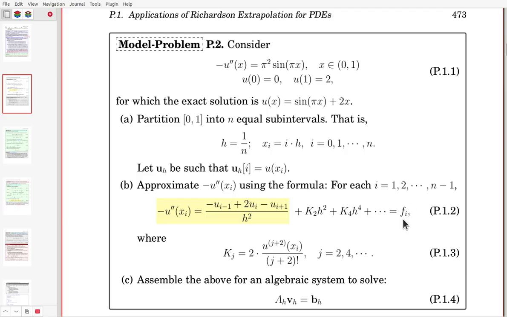So at x_i, we have this one, and of course when we try to get an approximate solution, we ignore this portion. So we get this algebraic system, which is not exactly the same as u, but is an approximation of u_h, right? So after solving this algebraic system, we get v_h, which is an approximation of u_h, right?